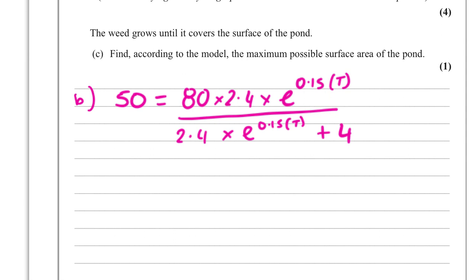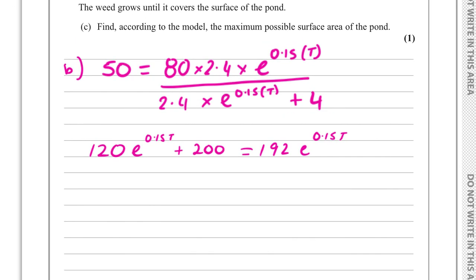Okay, so if I expand this out, what I'm going to have is 50 times 2.4. I'm going to have 120 e to the power of 0.15t plus 200 equals 80 times 2.4, 192 e to the 0.15t.